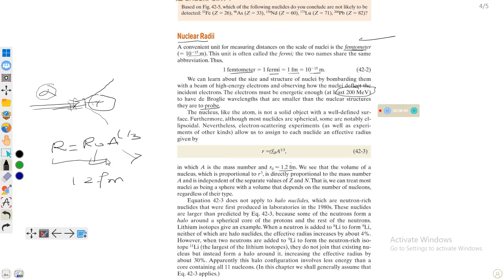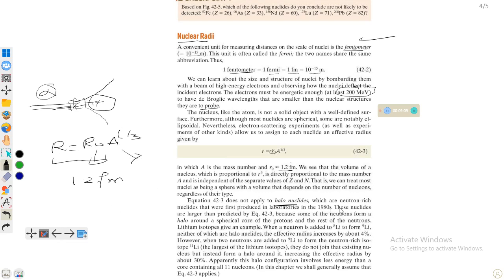But this formula is not valid for halo nuclides, which are neutron-rich nuclei that were first produced in the laboratory in 1998. These nuclei are larger than predicted because some of the neutrons form a halo around a spherical core of the protons and the rest of the neutrons. Lithium isotopes give an example.